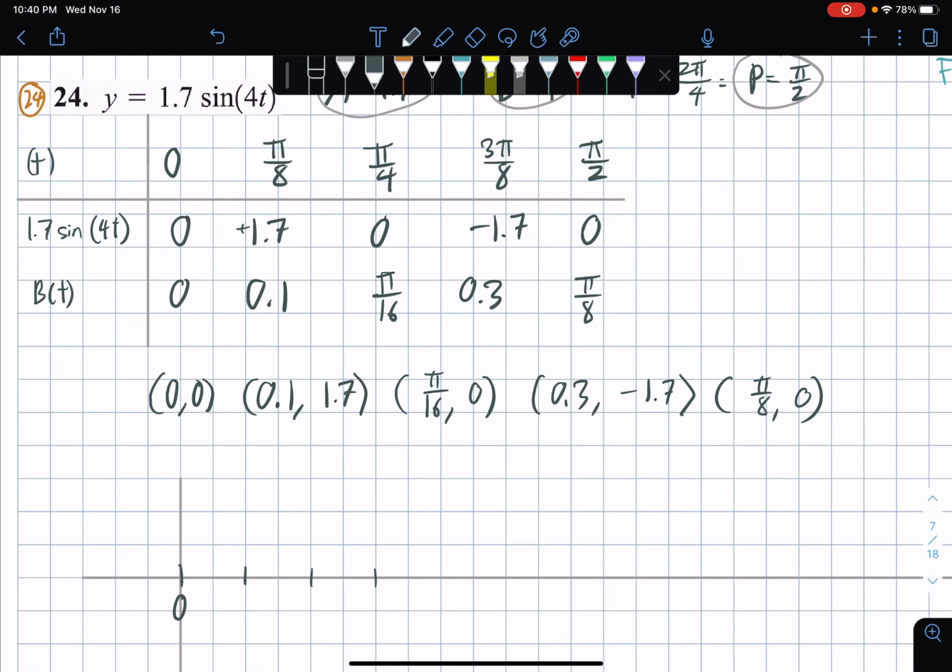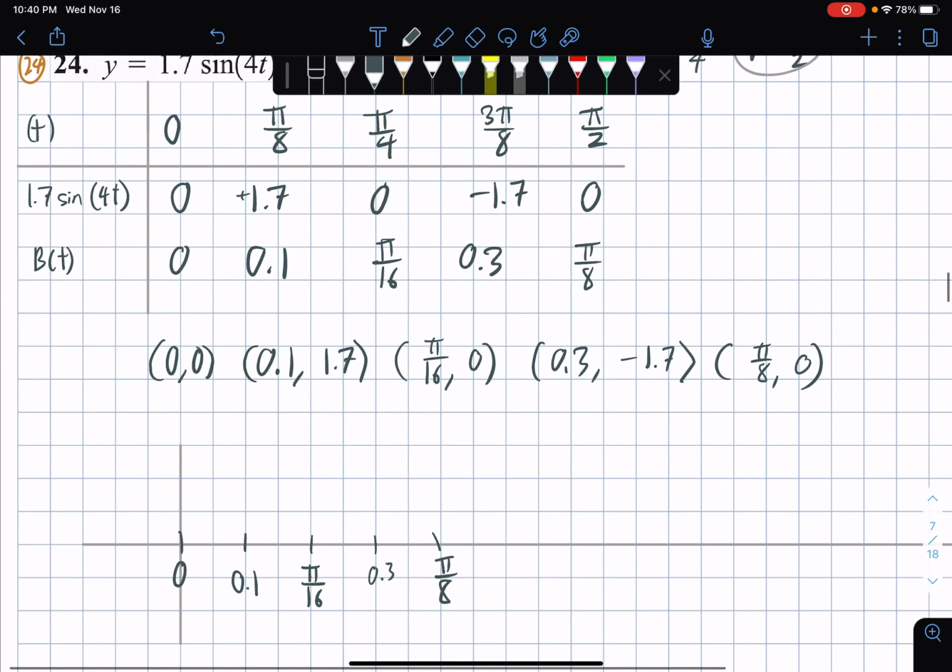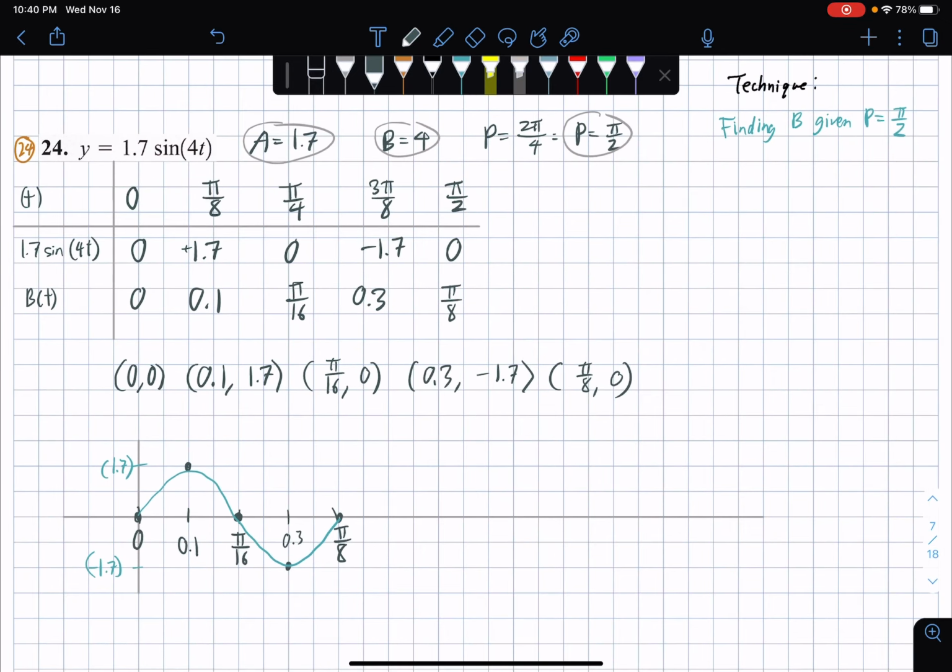The x values would be 0.1, pi over 16, 0.3, and pi over 8. You have 1.7, negative 1.7, 0, 0. Okay. So that's number 24.